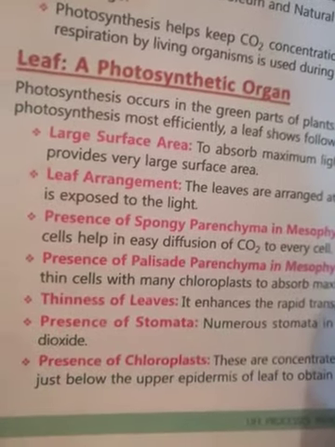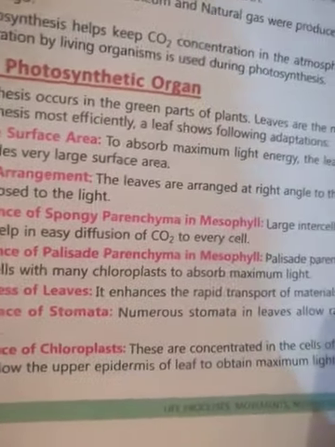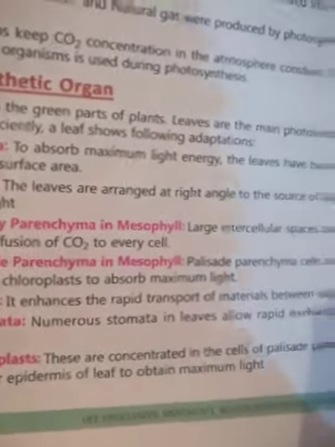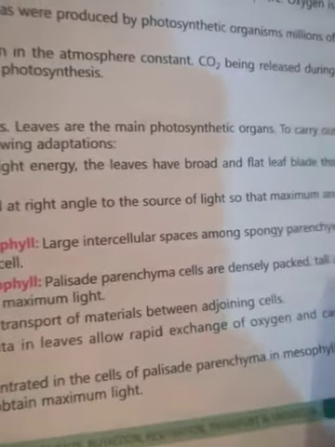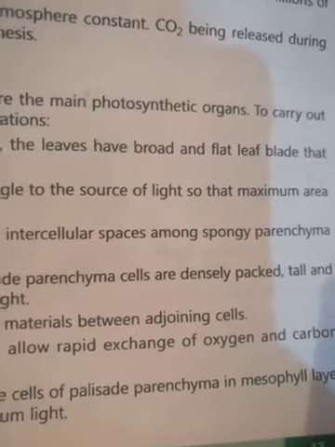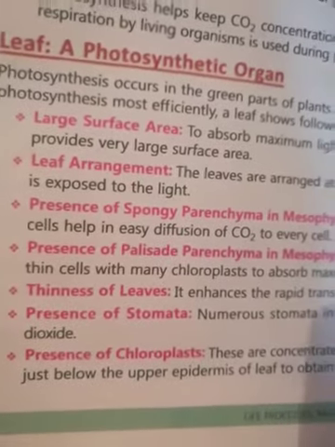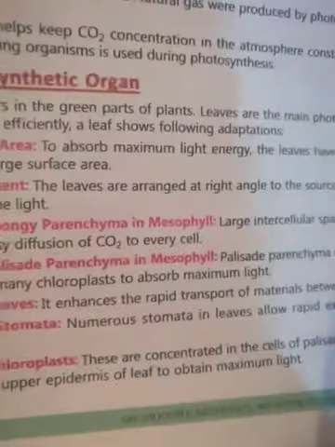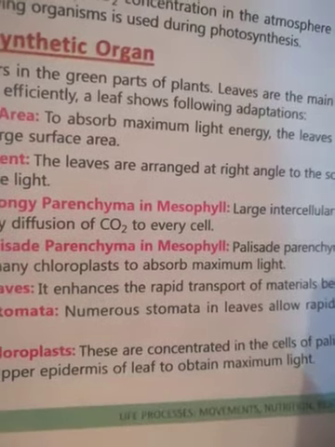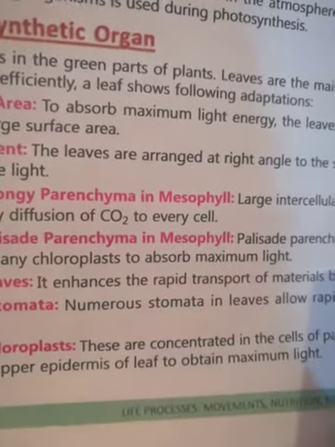Next one, presence of palisade parenchyma in mesophyll cells. Palisade parenchyma cells are densely packed, means closely packed, tall and thin cells with many chloroplasts to absorb maximum sunlight.